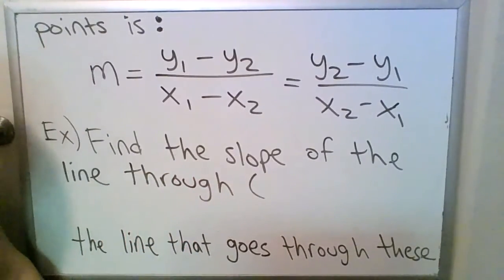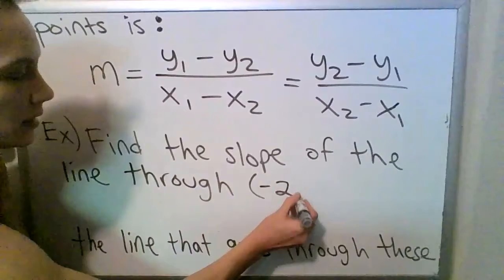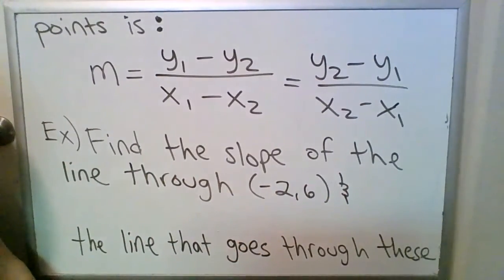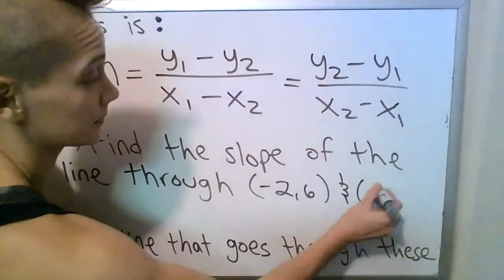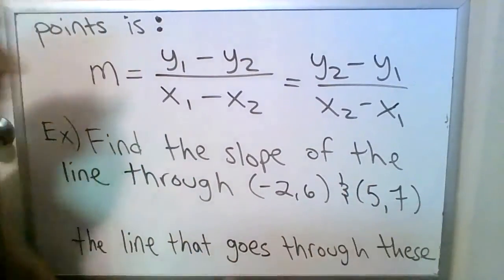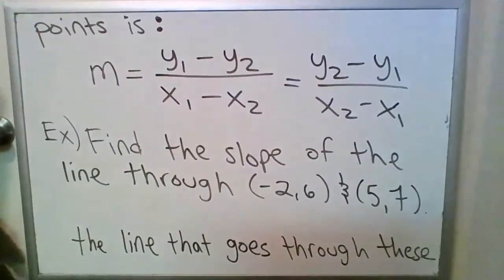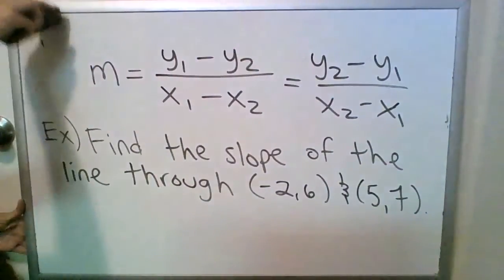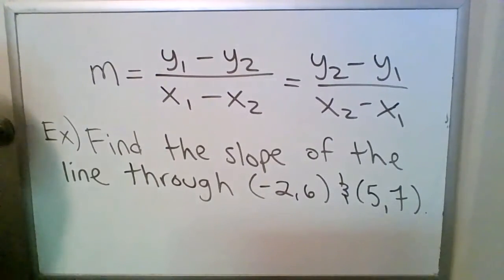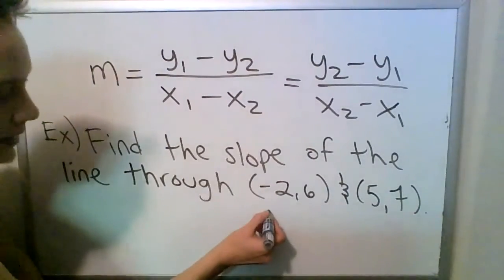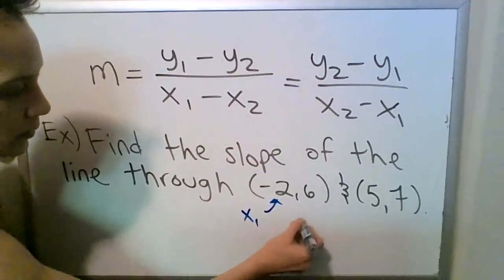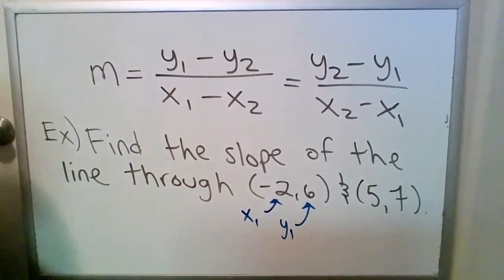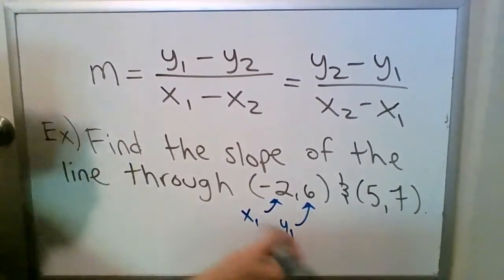We're just going to write the point -2, 6 and 5, 7. So I'm going to label my points. This is x1, y1. My other point, I start with x2 and it's followed by y2.